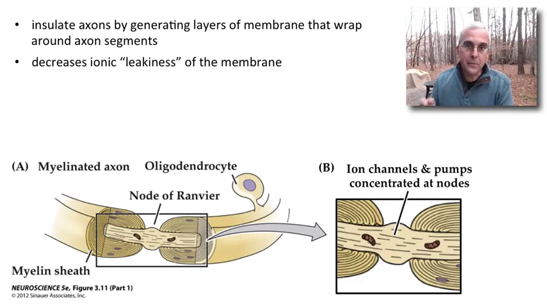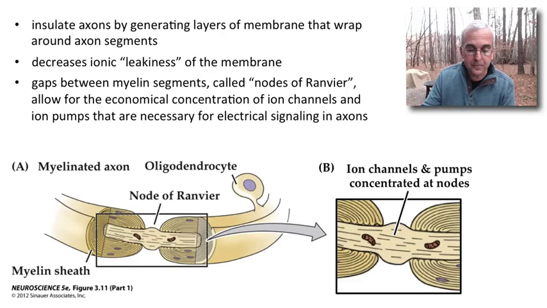And this has the important function of decreasing the leakiness of the membrane of that axon. And so this allows the passive flow of current along the length of the axon to be much more efficient.